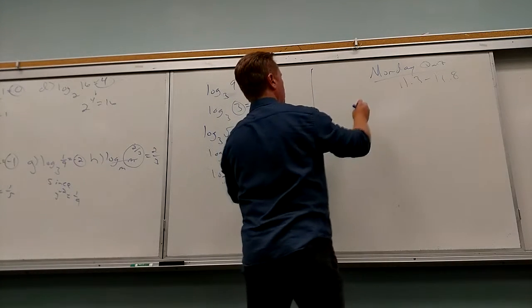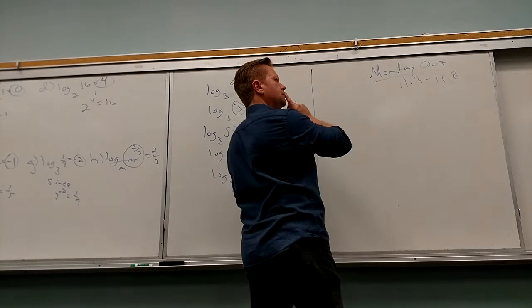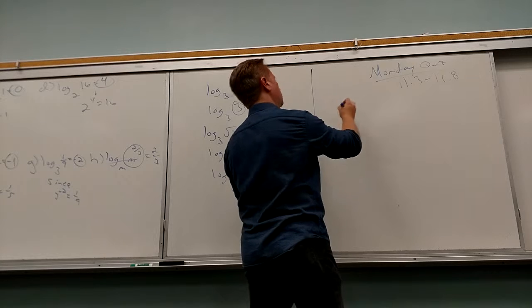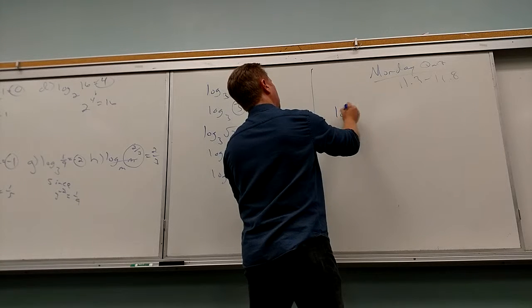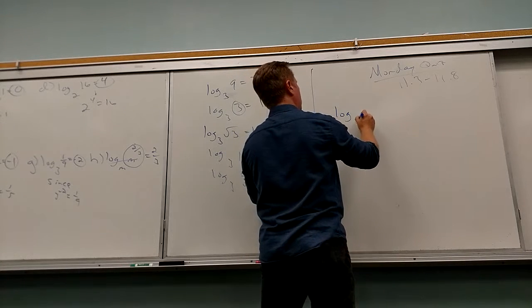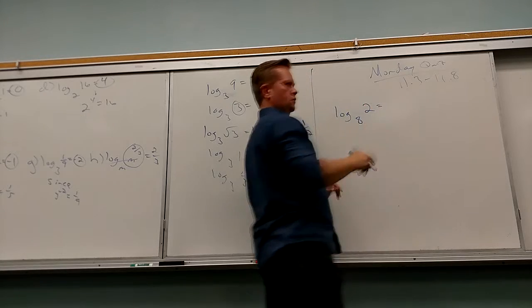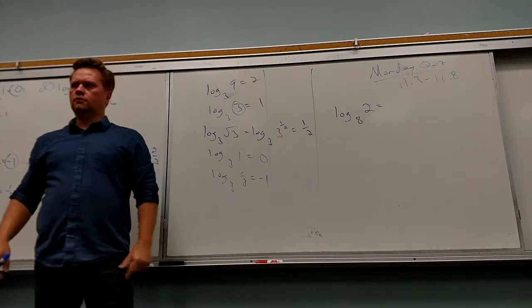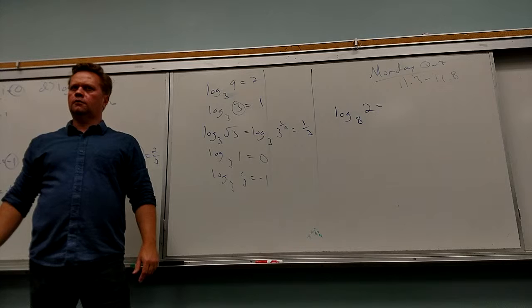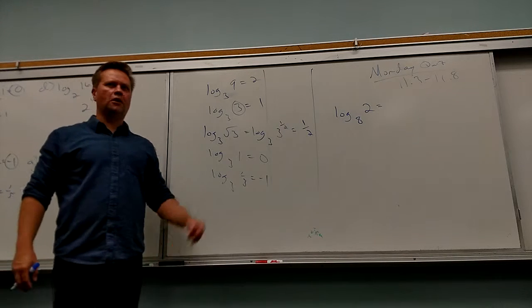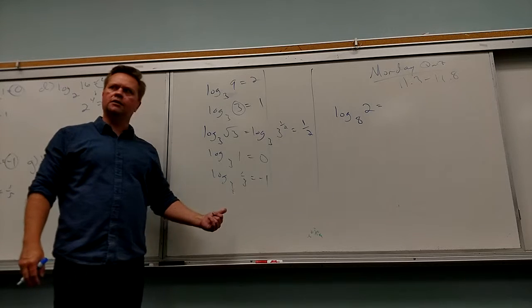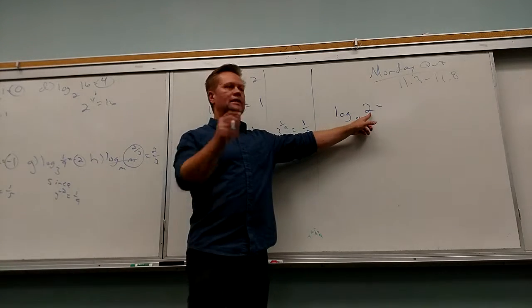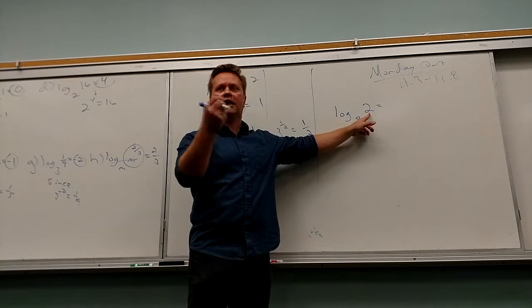Let's do one more. What about this here? Log base 8 of 2. So this is one where knowing this would help a ton. The input is not 1 or smaller, so it can't be a negative.